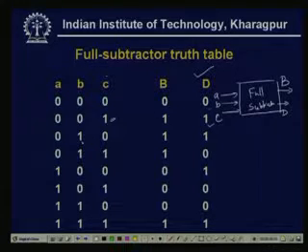Similarly, 0 minus 1, the difference is again 1 and the borrow is 1, because as we have already seen, for 0 minus 1, a 1 is borrowed from the higher stage and it is actually 1 0.